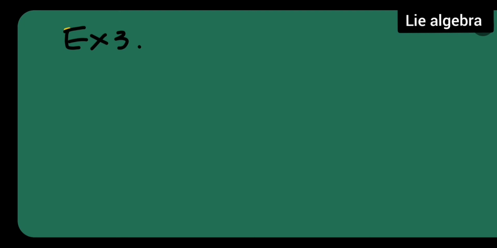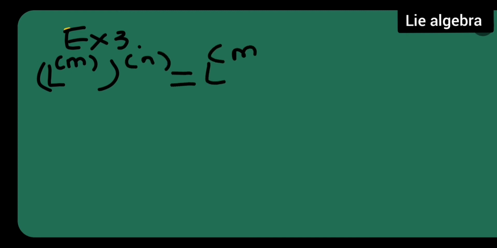Exercise 3. Let me write the question. L raised to power of m, this raised to power of n is equal to L raised to power of m plus n for all m, n belonging to natural.